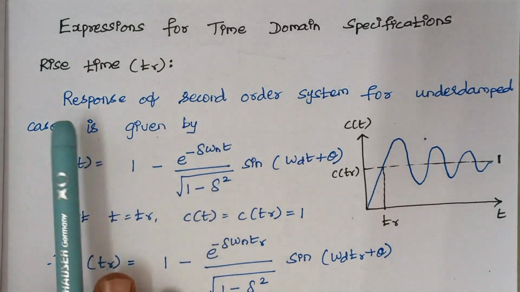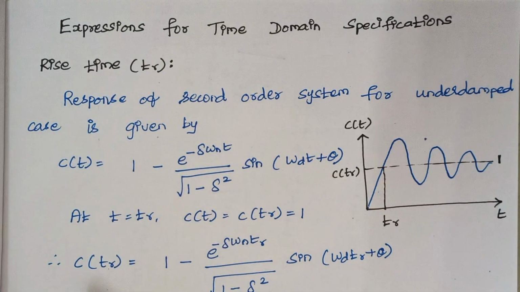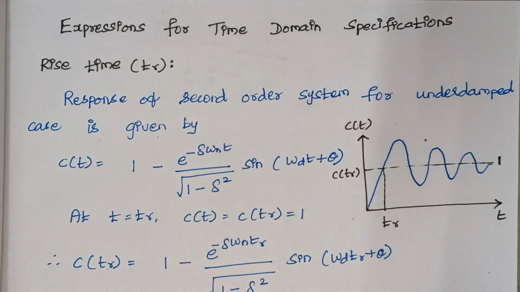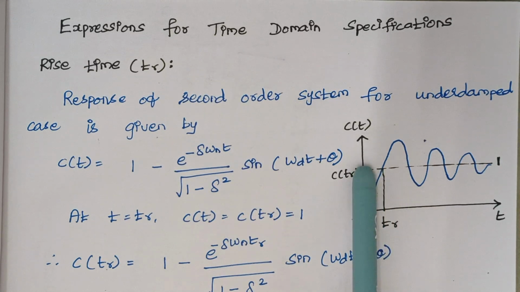So what is meant by rise time here? It is defined as the time taken by the response to reach the 100% value, that is the maximum expected value for a system to settle down. You can see from this graph, that is the time taken by the response to reach the peak value.